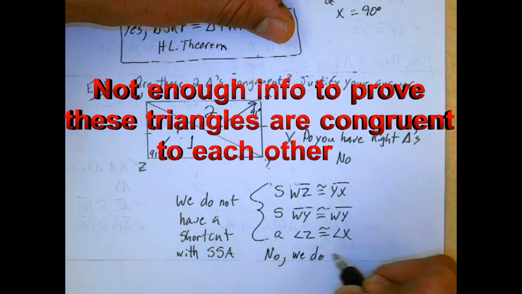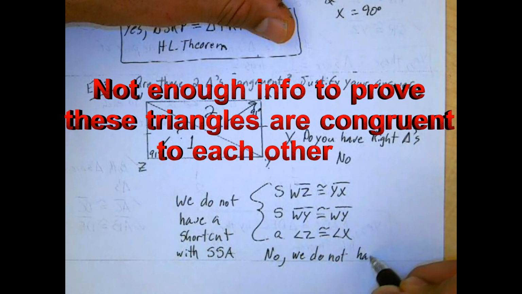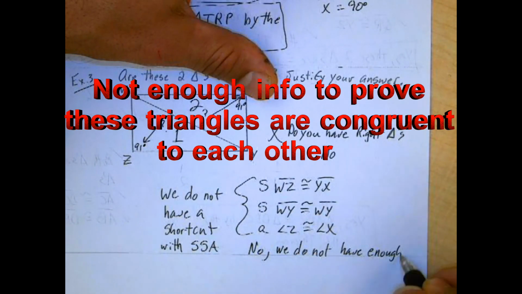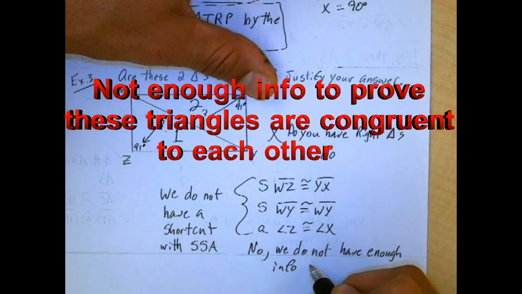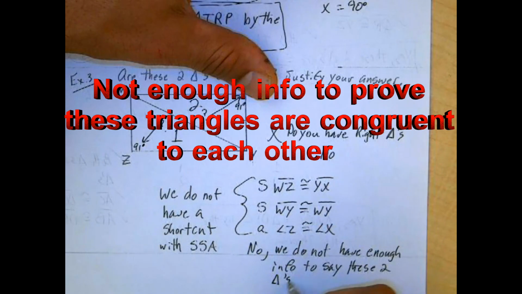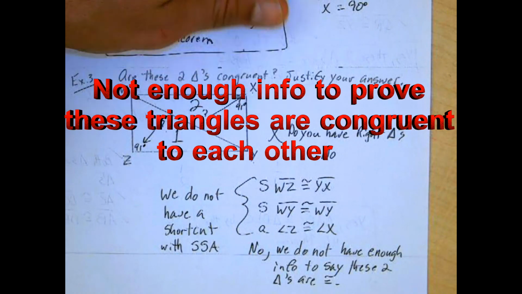So no, we do not have enough info to say these two triangles are congruent. Interesting, right?